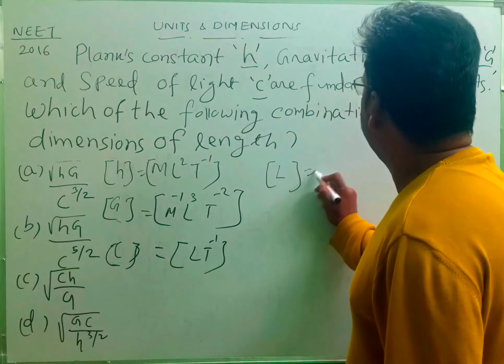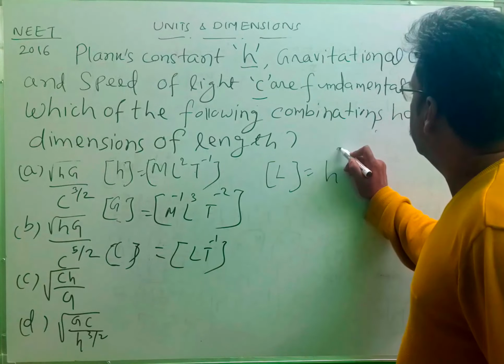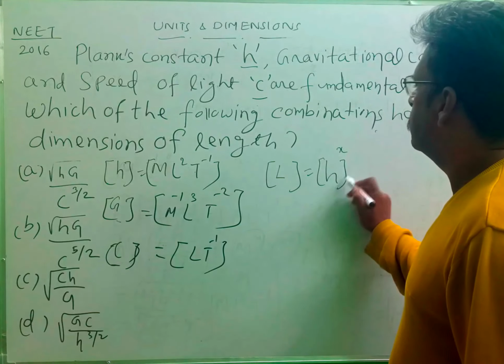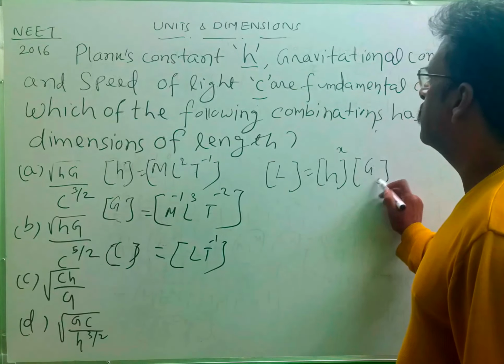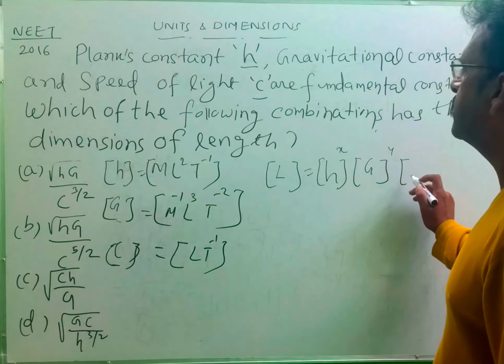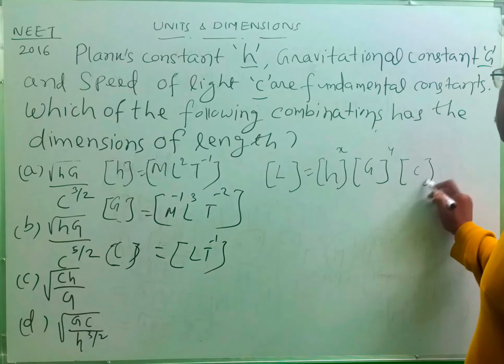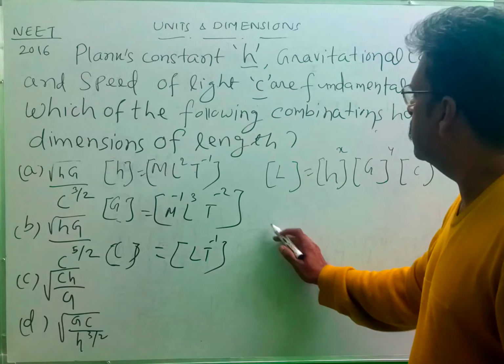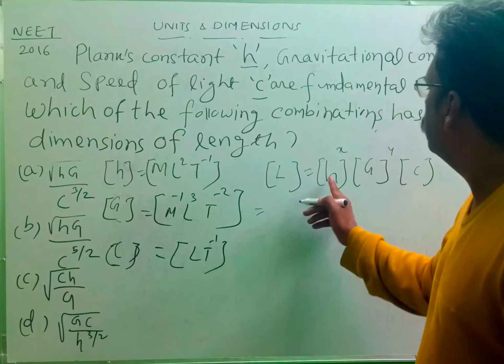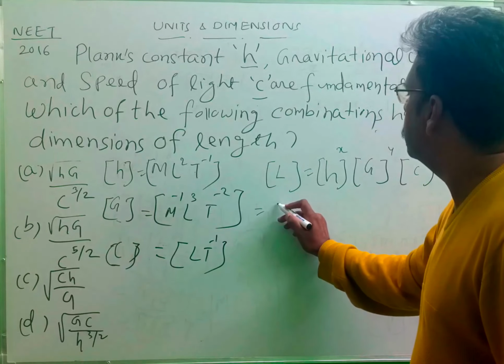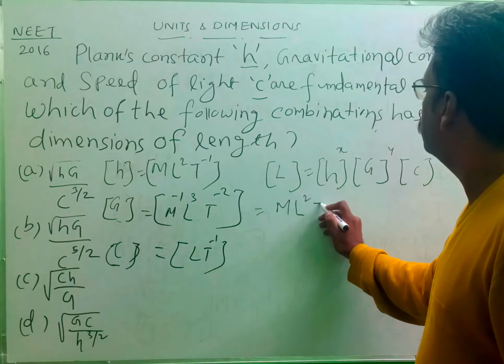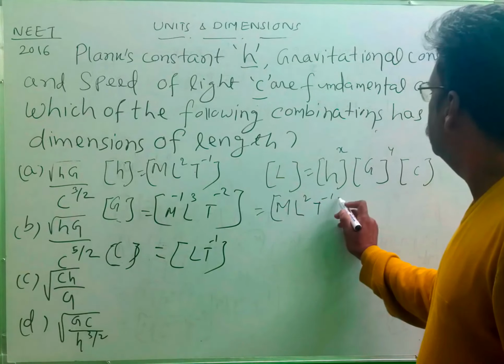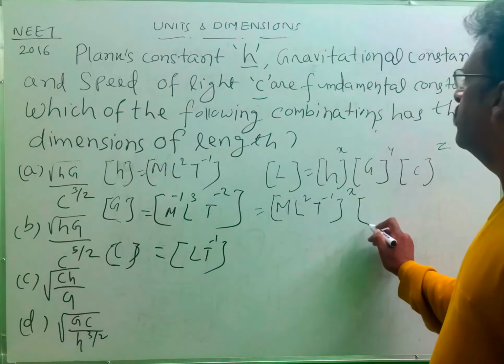L is equal to h to the power x, G to the power y, and c to the power z. Okay, students. Then this is equal to, what is h? In place of h, we will write ML²T⁻¹ to the power x. What is G?